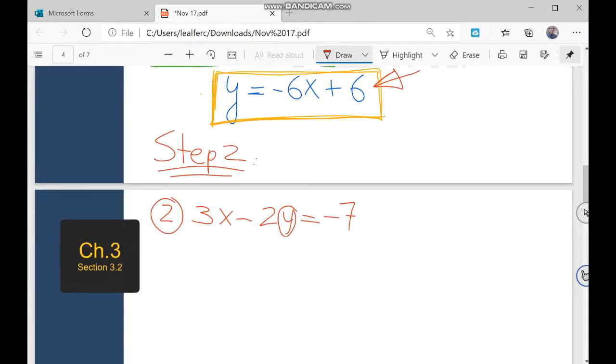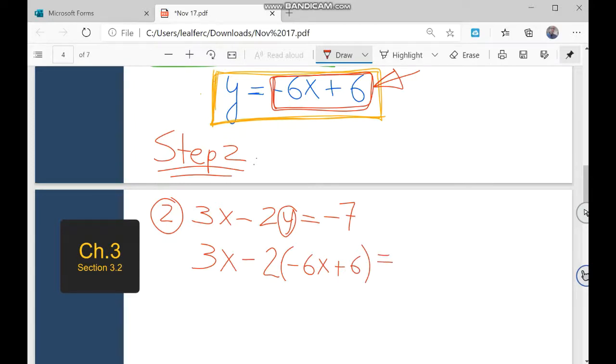So let's do it. 3x, keep 3x, minus 2 times y, and y is this: negative 6x plus 6. So 3x minus 2 times the quantity negative 6x plus 6 equals negative 7.